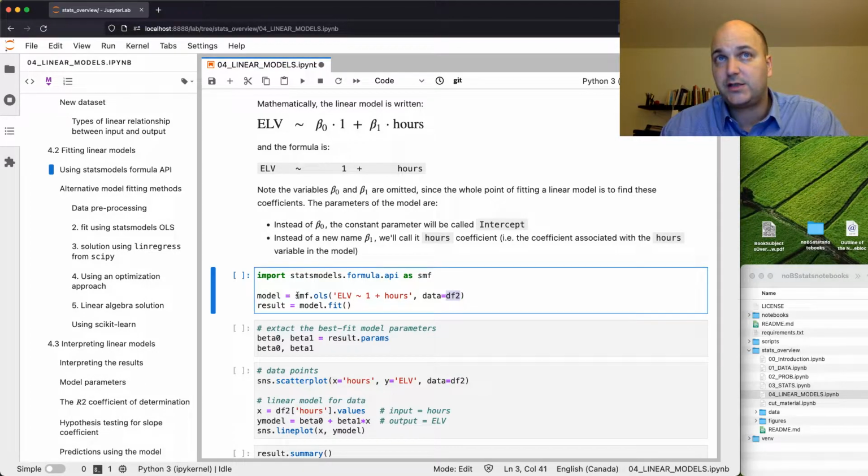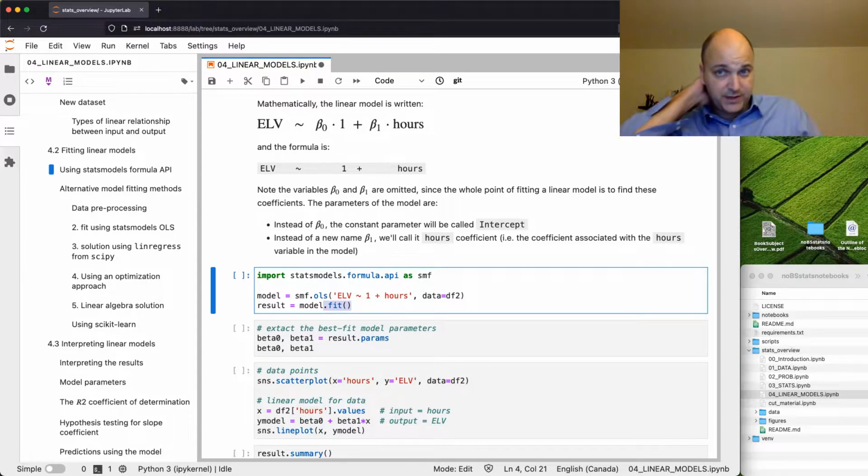So that is it. You say, build me this model, and it gives you an object, a type of statsmodels model. Then you call the model fit.